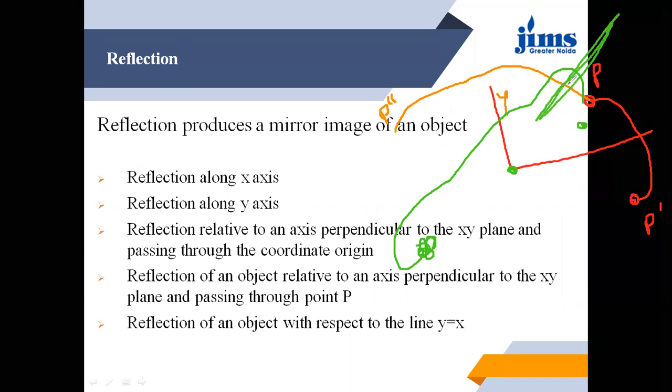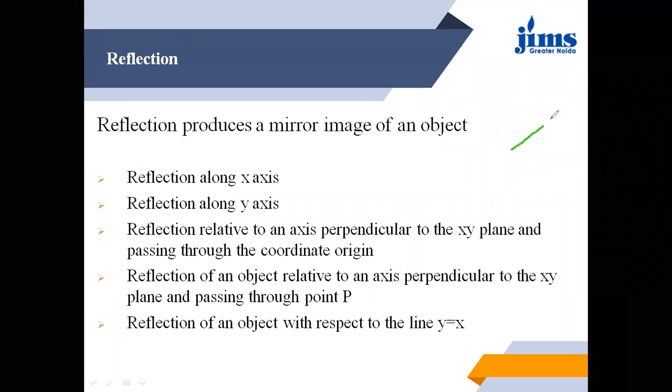This is our coordinate system, x and y, and this is the object.